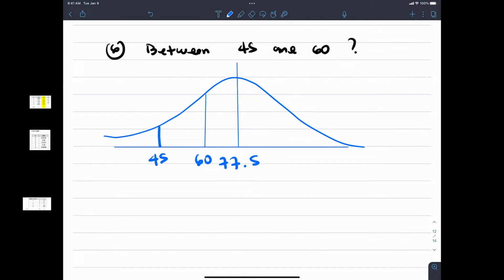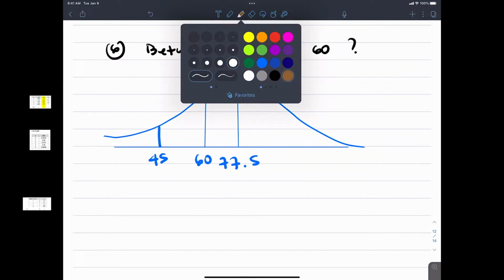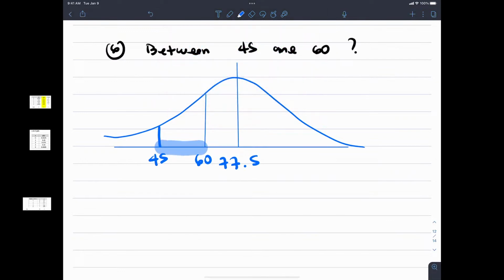Isn't both 45 and 60 less than 77.5? So this is between here.